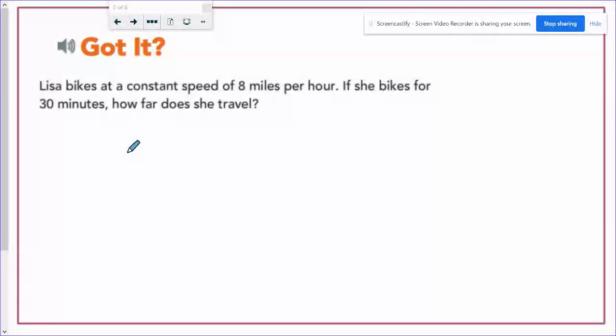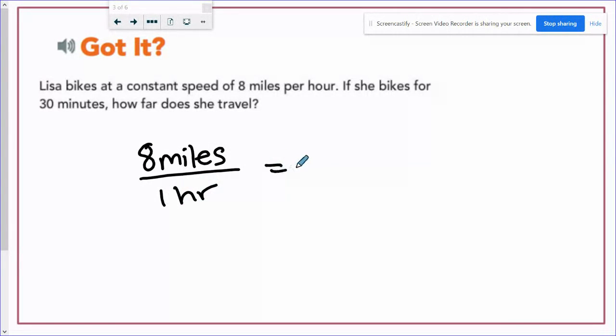Lisa bikes at a constant speed of 8 miles per hour. So she's going to go 8 miles in 1 hour. If she bikes for 30 minutes, how far will she travel? So again, we have hours and minutes. We need to make those both the same.